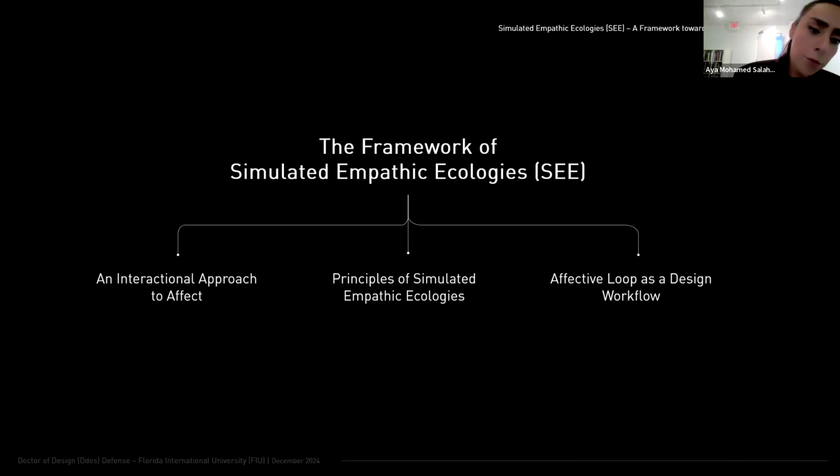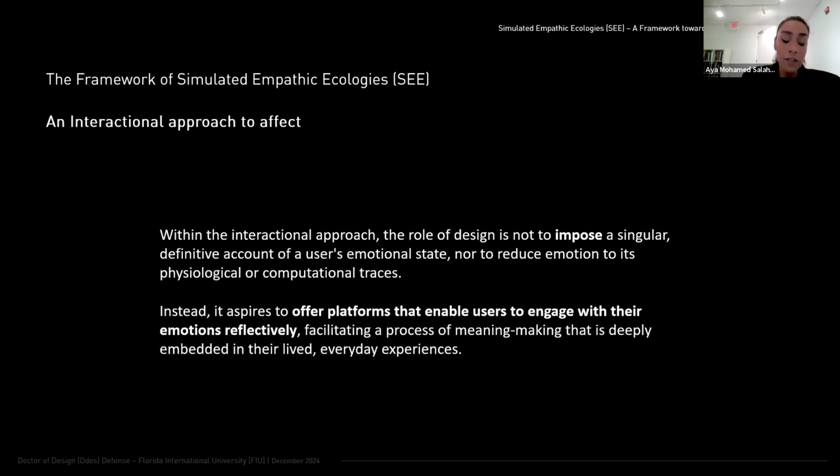So now we go to the second part of my dissertation, which looks at the systematic framework approach to simulated empathic ecologies. The first aspect of it looks at how affect can be an interactional approach. What I mean by that is that the role of the design here is not to impose a singular definitive account of a user's emotional state or to reduce it to just physiological and computational traces.